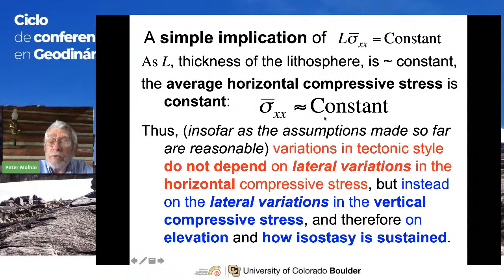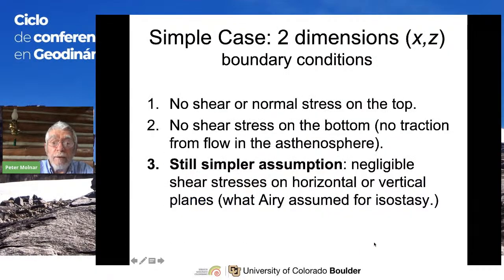The horizontal compressive stress does not vary, so there are no horizontal variations. Instead, it must depend on lateral variations in the vertical compressive stress, which owes its difference to differences in crustal thickness, and therefore on elevation and how isostasy is sustained.